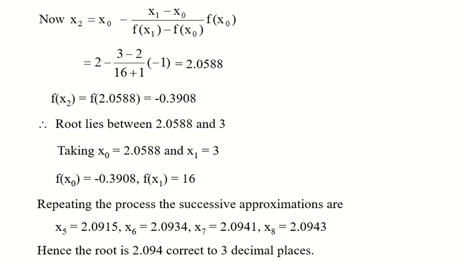Wherever you have x in the equation, put x as 2.0588. You will get −0.3908.